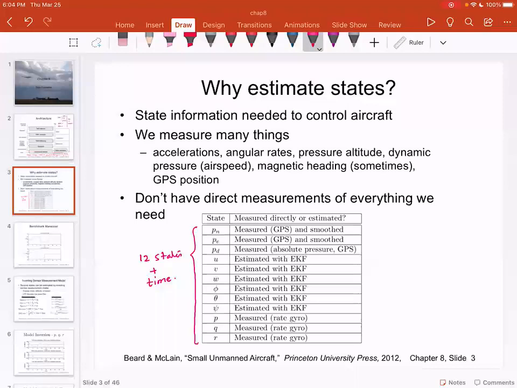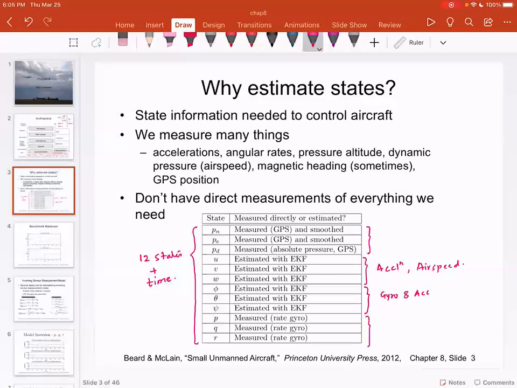Those are the angular rates. Now, the GPS can give you some position estimates. UVW can be measured using accelerometers, or you can use the airspeed sensor to try to get an estimate of forward velocity. Roll, pitch, yaw you get from gyroscopes and accelerometers.